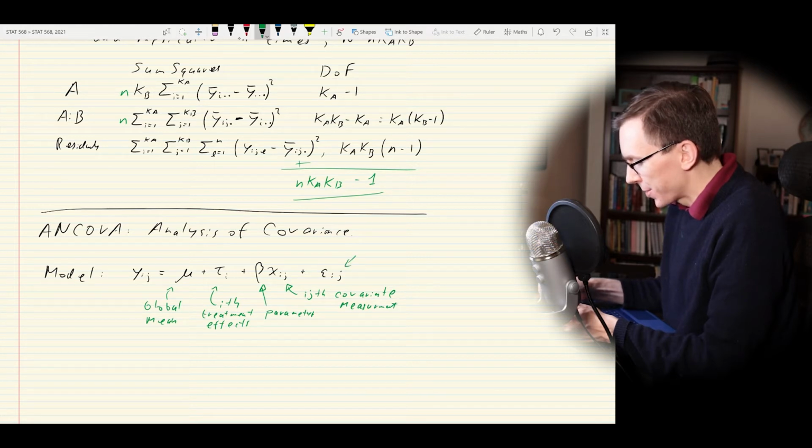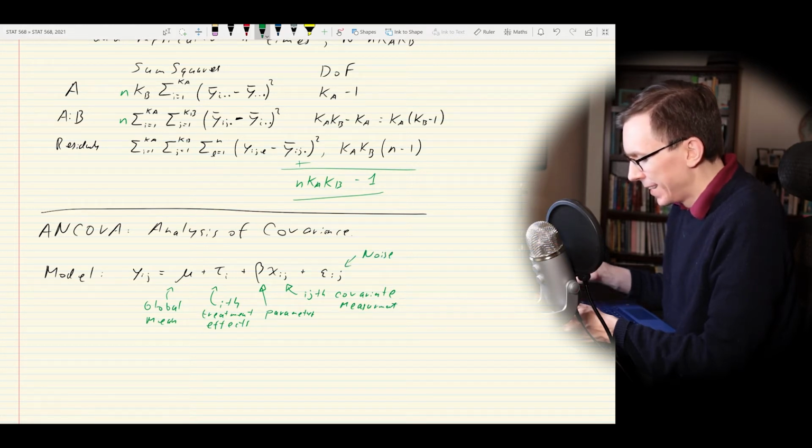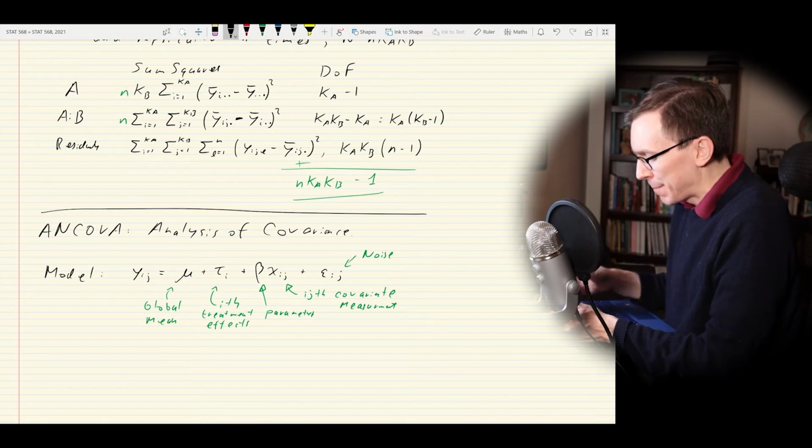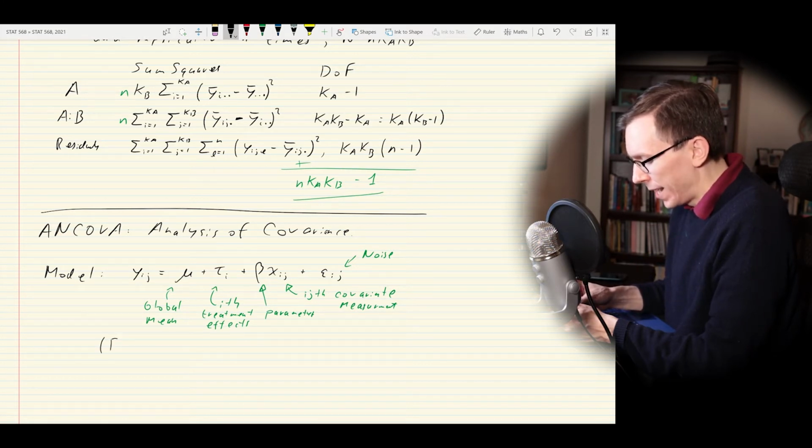And then, of course, this is just noise, as always. So going back to my hypothetical example, what we might have is Y being someone's blood pressure.